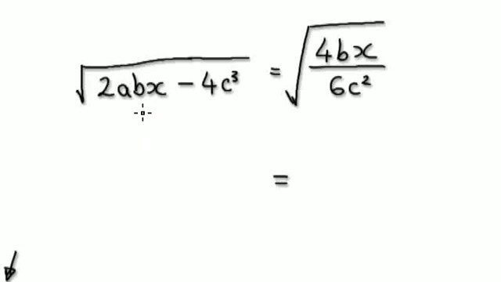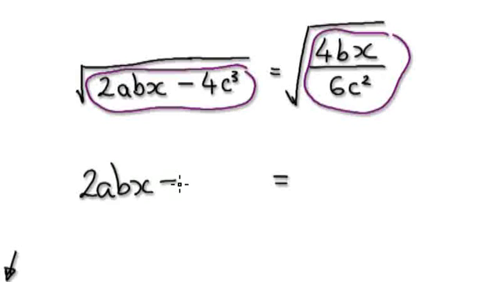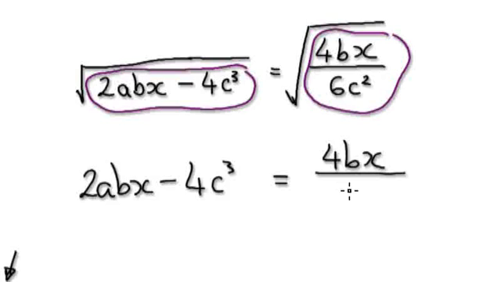Okay, so now visualize it as this. You've got this bubble here and this bubble here. So let's square both sides. So it will be 2abx minus 4c to the power 3, and over on this side it's 4bx over 6c squared.